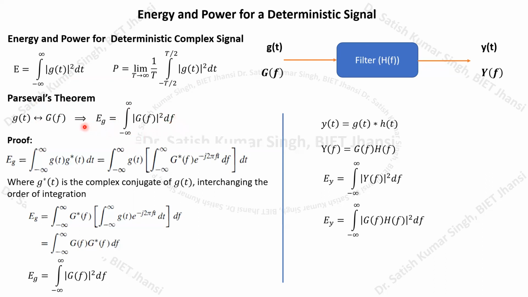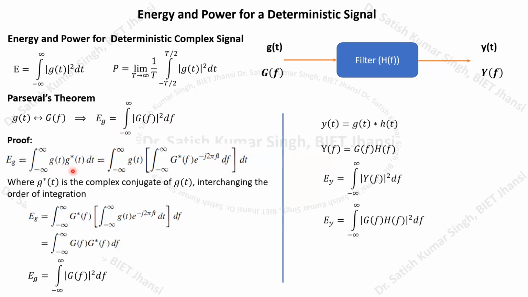So if you know the time domain expression or its Fourier transform, you can use either formula: the one with the time domain expression g(t), or, if you have its Fourier transform, the one from Parseval's theorem. Here I have given the proof of Parseval's theorem, showing how this E_g can be evaluated.